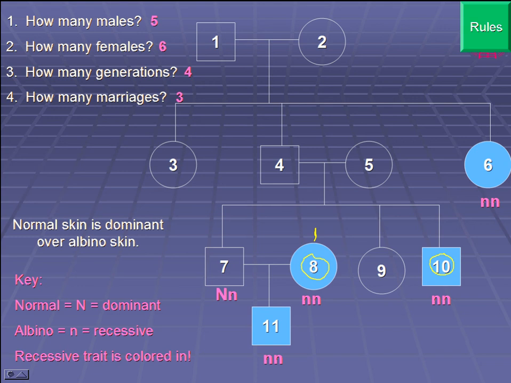You can't actually talk about their parents in this pedigree. So this doesn't exist in here. Number 10 is pure recessive. So that must mean that the parents, according to Rule 2, all dominant parents of a pure recessive child are hybrid. There are the two dominant parents of that pure recessive child. So they must be hybrid. So you can fill them in.